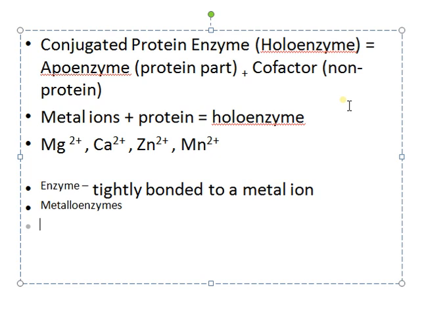Now, an example of a metalloenzyme is alcohol dehydrogenase, which has two tightly bonded zinc ions, and there are more examples of it.